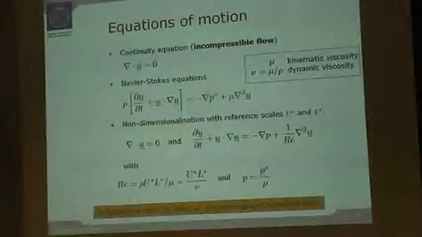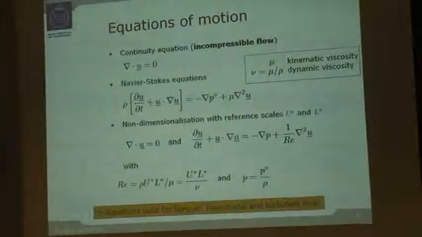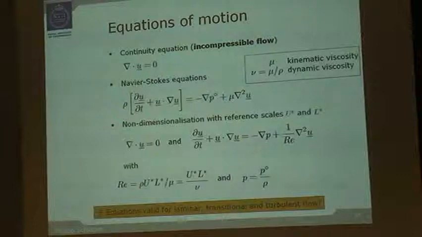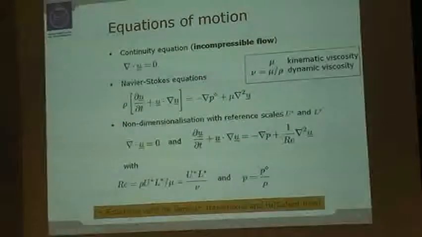And we have here the momentum equations, which are the conservation of momentum. Then what one does is introduce reference scales. We have the velocity scale and the length scale. With that, we define the Reynolds number, and then we can non-dimensionalize the governing equations, essentially leading to this system of equations.